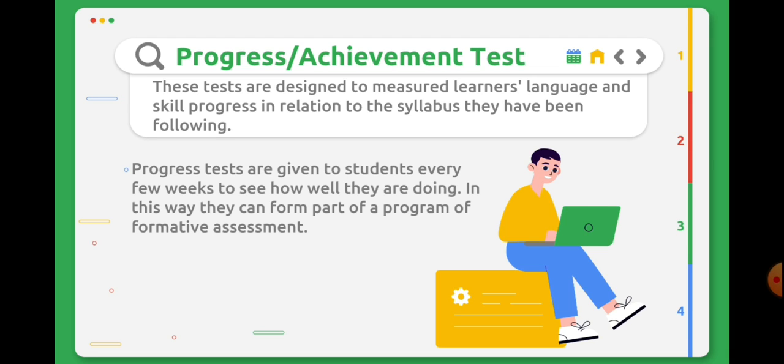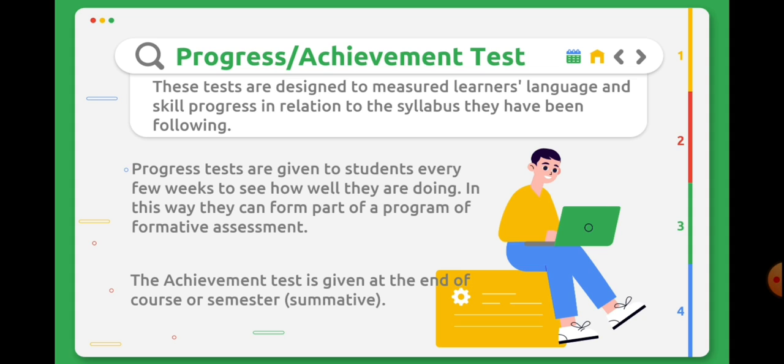Progress tests are given to students every week to see how well they are doing. In this way, they can form part of a program of formative assessments. Meanwhile, the achievement test is given at the end of a course or semester. It is usually called summative.